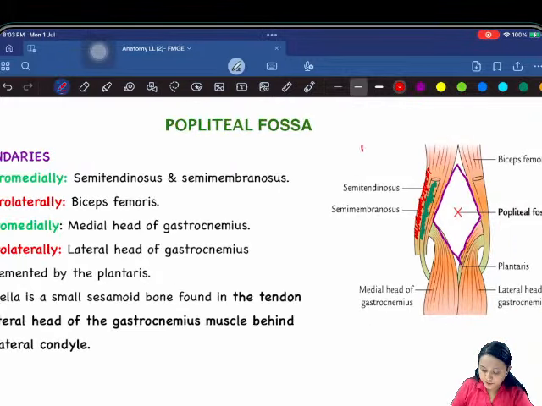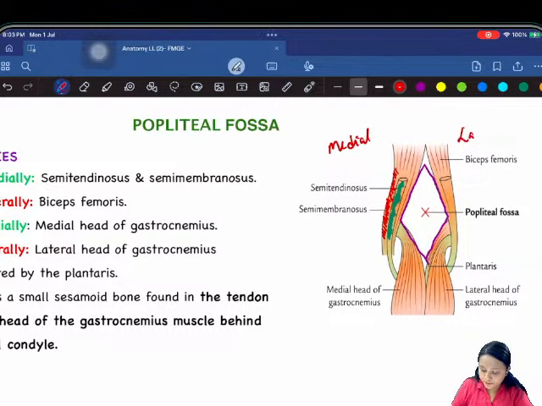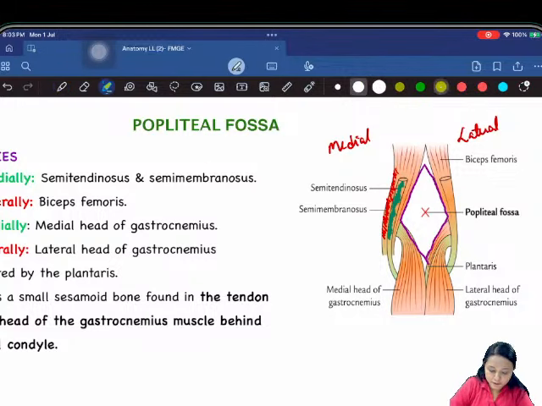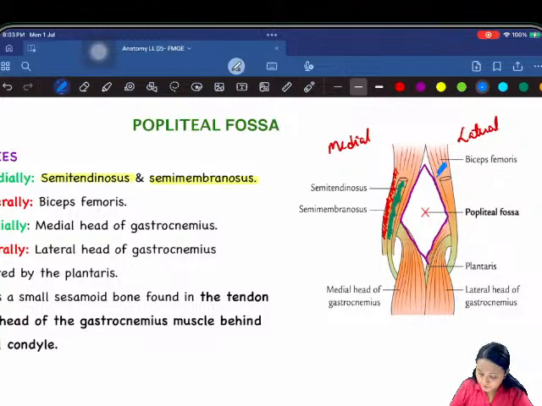This is the medial side and this is the lateral. So superomedially you have the semitendinosus and the semimembranosus, and superolaterally, as you can see, this muscle is the biceps femoris.